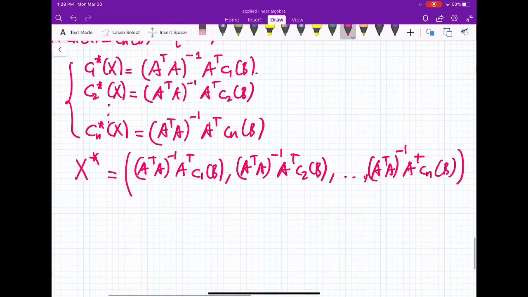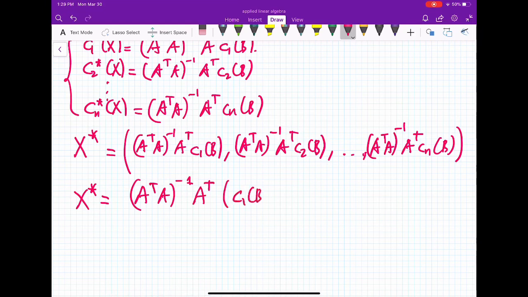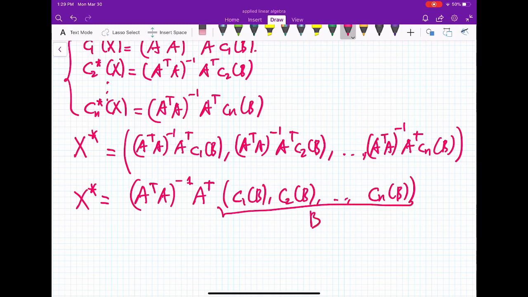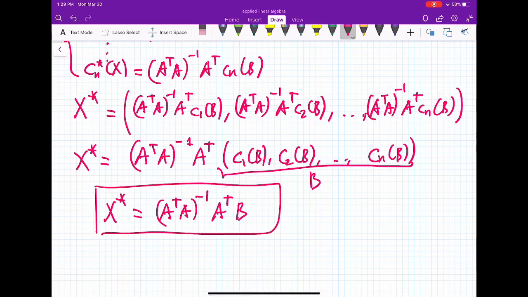So if I write that in the matrix form, X star is nothing but (A^T A) to the negative 1 A^T times the matrix with columns C1B, C2B, and so on, CnB, right? But what is this? That is just matrix B. So basically I have X star is equal to (A^T A) to the negative 1 A^T B. And that is the formula of the solution of the matrix least squares problem.